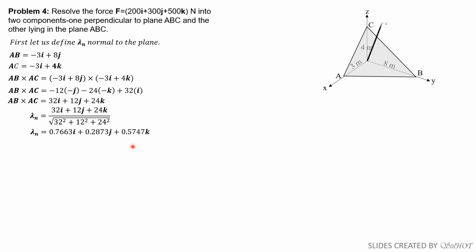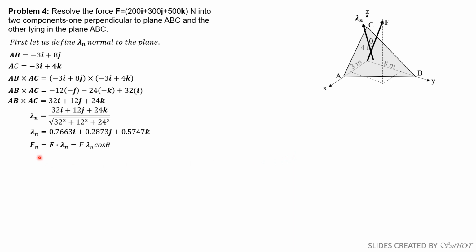So we can now compute the component of the force perpendicular to the plane by dot product. Assuming this is the normal vector and the angle between them is theta, the component perpendicular to the plane can be computed by F dot lambda n.